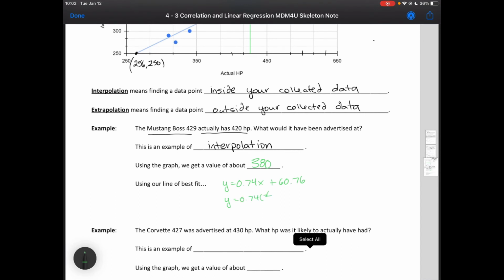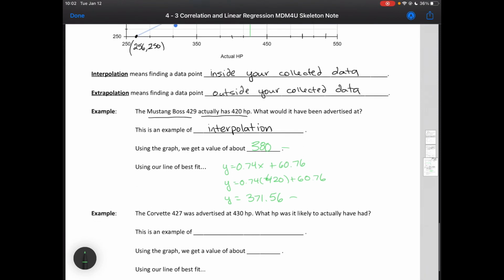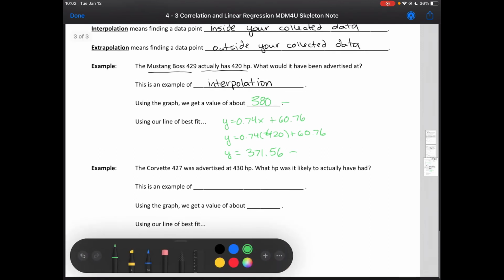This is an x value, so we're going to substitute 420 in for x and see what we get. 0.74 times 420 plus 60.76 gives us about 371.56 horsepower. So we're fairly close, within about 10, using the graph and using our equation.